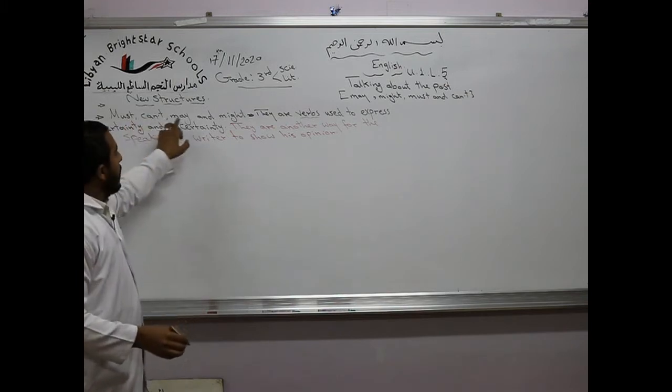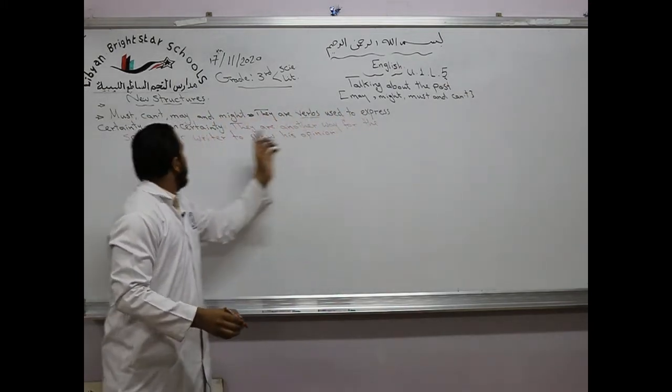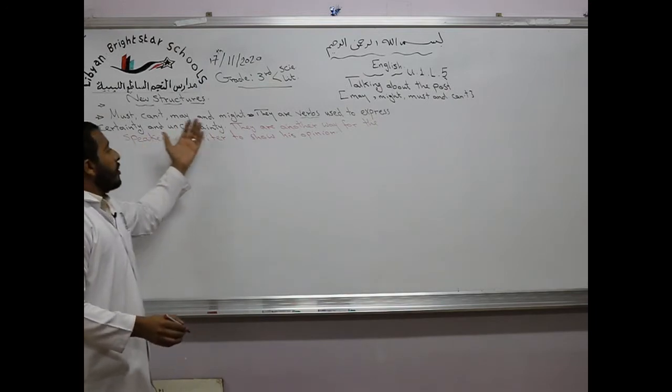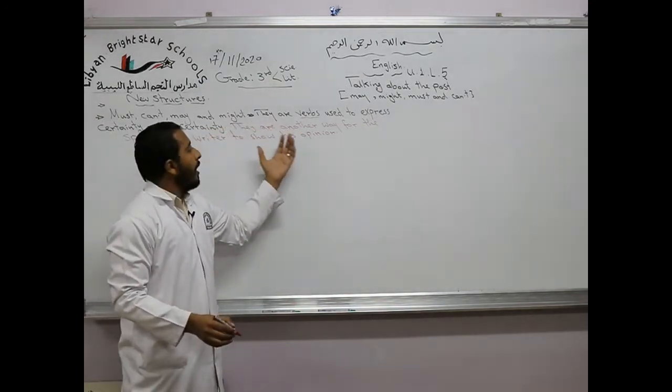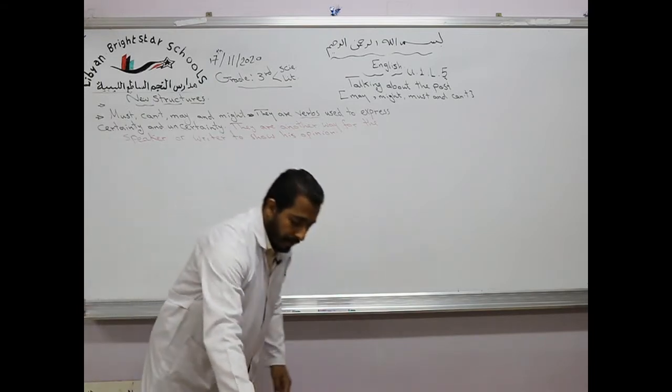Must, can't, may, might, they are verbs used to express certainty and uncertainty. They are another way for the speaker or writer to show his opinion. Okay?